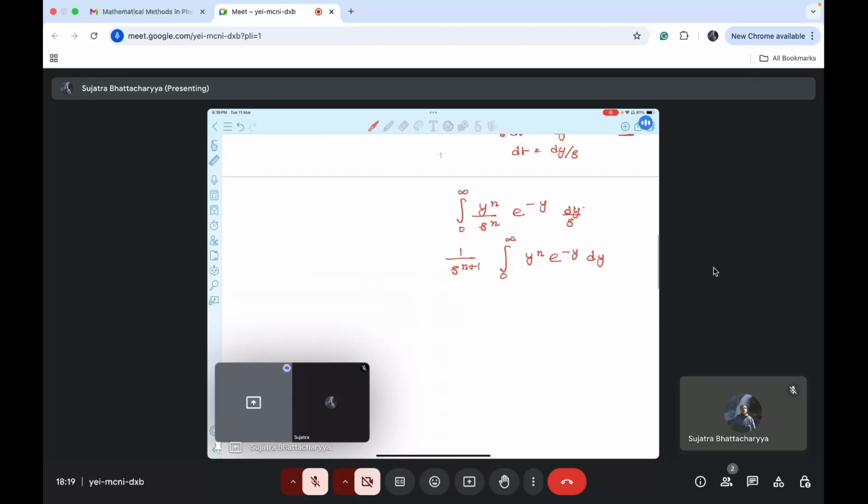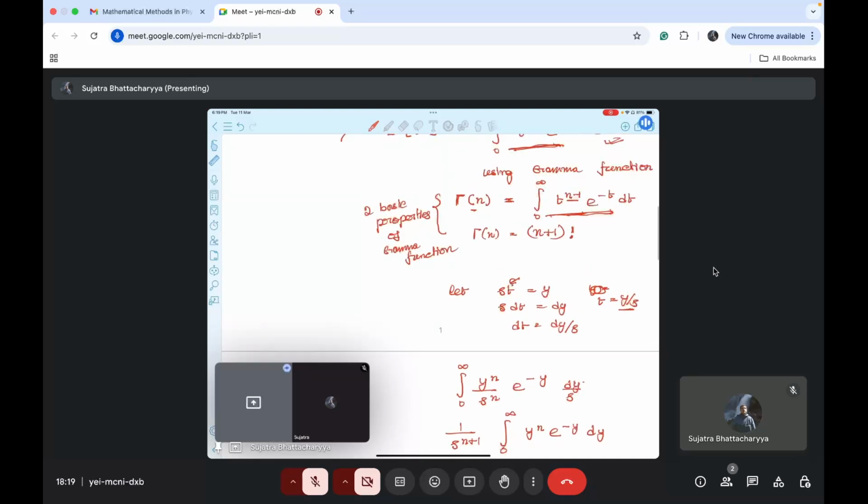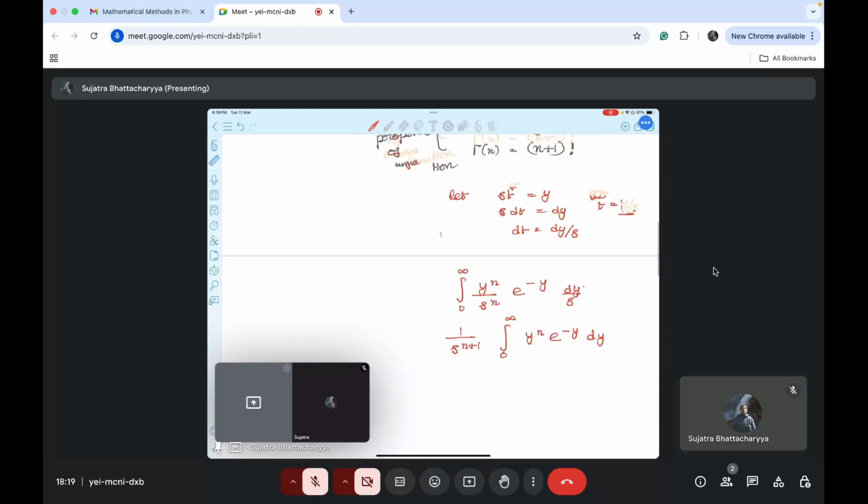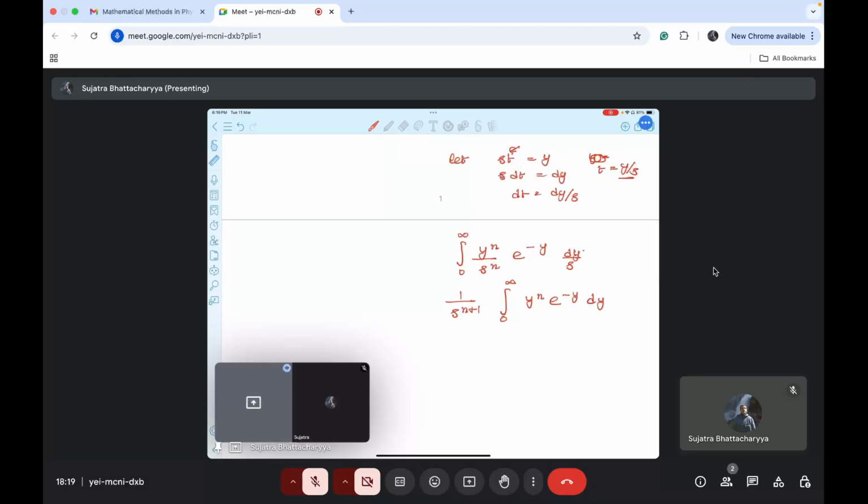Can we calculate this from the gamma function? Because if you look at the definition of the gamma function, yes, instead of n minus 1, I have n. That's the only change, right? So what I can do is that this n will be equal to some n minus 1. Therefore, what we will get is that you will get this integral as gamma of n plus 1.